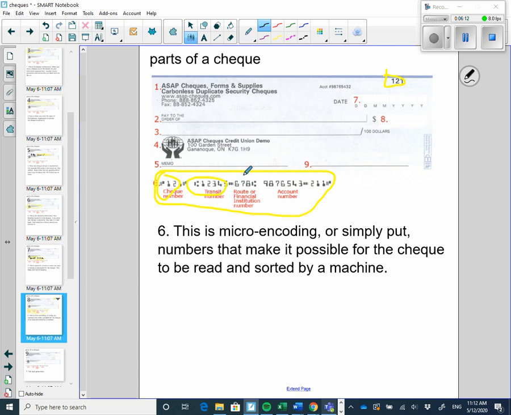The route or financial institution number tells them which branch it is. So like 123 might be Royal Bank, 678 would be branch 678, maybe the Dauphin branch. In this case, it's somewhere else. It's an Ontario example that I've got here. And then this is your account number, so that it knows exactly what account to bring the money out of. Again, you don't need to worry about that. That's all done for you.